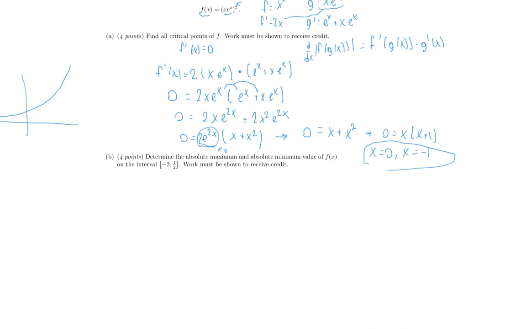So the spots we're going to check are -2, -1, 0, and 1/2. So we're going to plug each of those into our original function, and based on the values, we can say the biggest ones will be our absolute maximum, our smallest ones will be our absolute minimum. So I'll try -2 first.